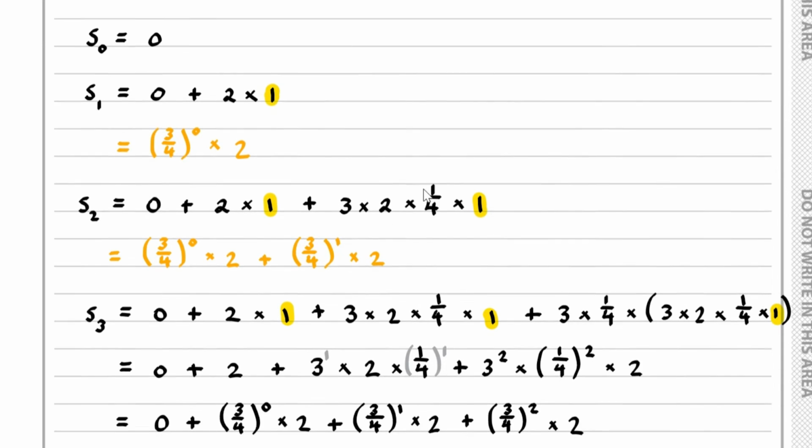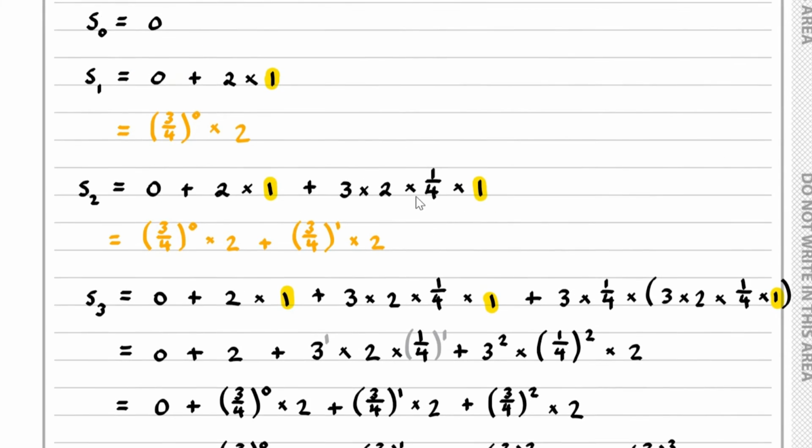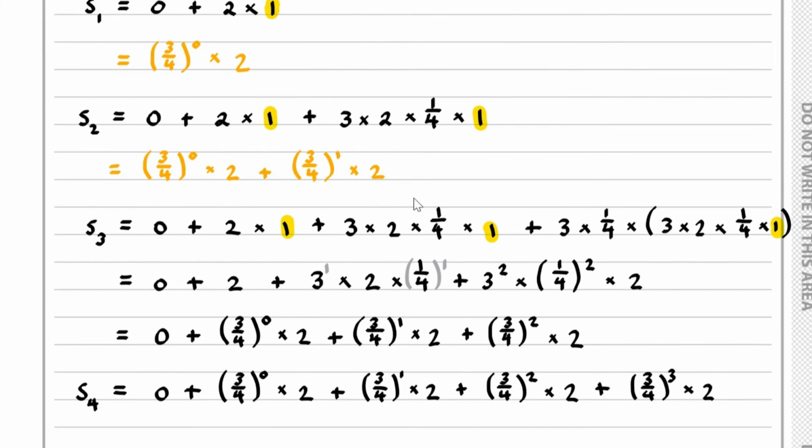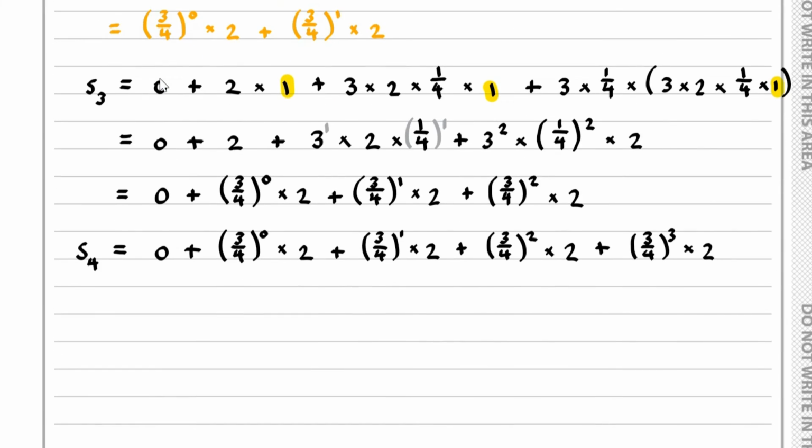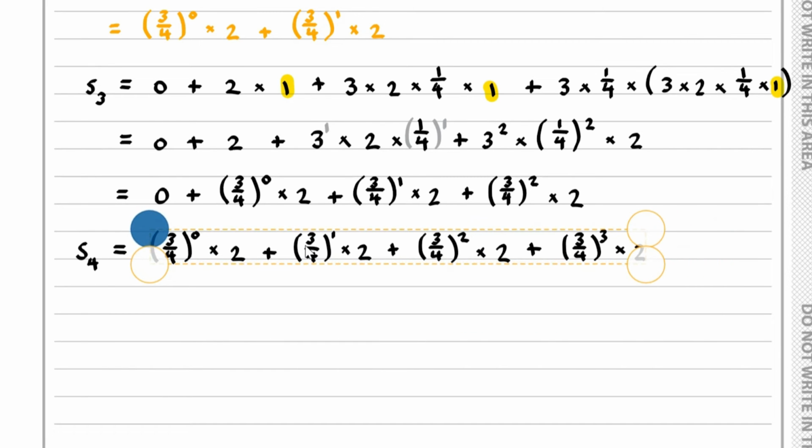So a pattern is emerging. And then what we also have is the 0 as well with it. Now I'm just going to remove the 0 here. So that is the length of the slopes for S4.